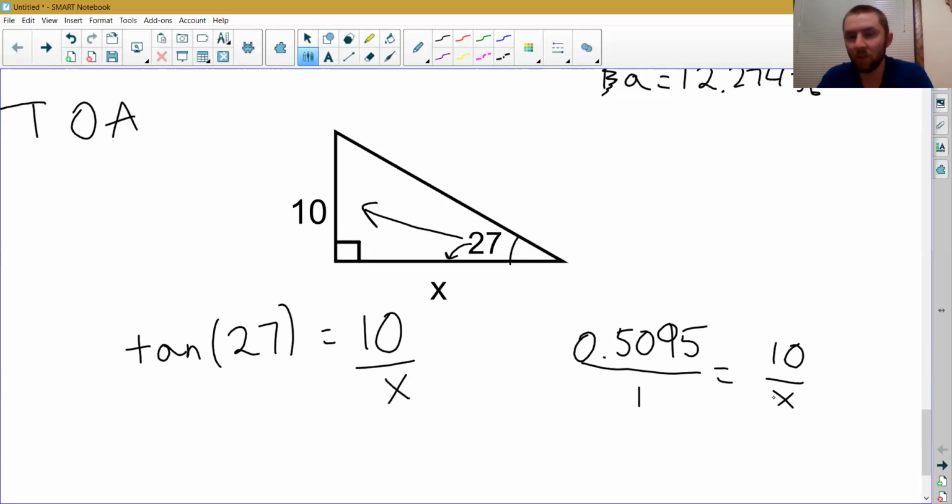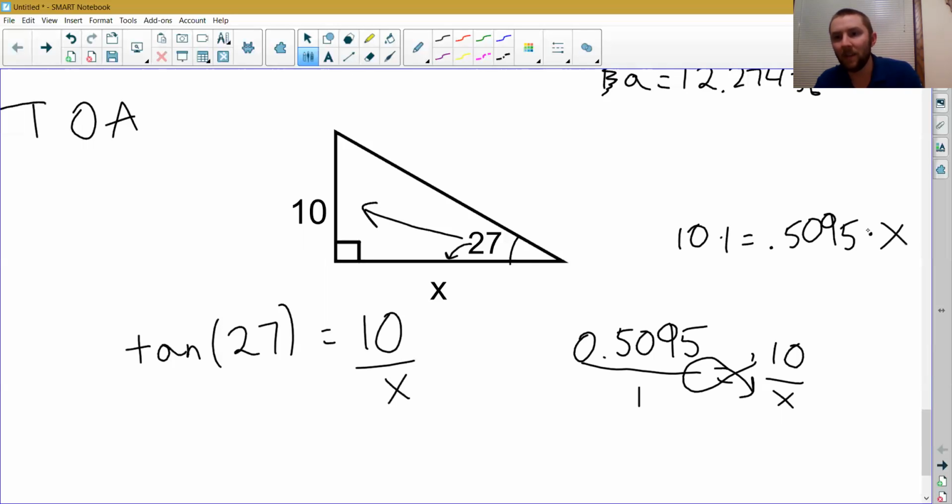We can solve proportions. I know there's decimals, but we can do it. The fish method here would involve 10 times 1 divided by that decimal, or we can just cross multiply and do 10 times 1, which is 10, equal to 0.5095 times x, and then to get x alone, we would just divide away that decimal. So this one, where the x shows up on the bottom of your ratio, you're going to end up dividing by your decimal version.